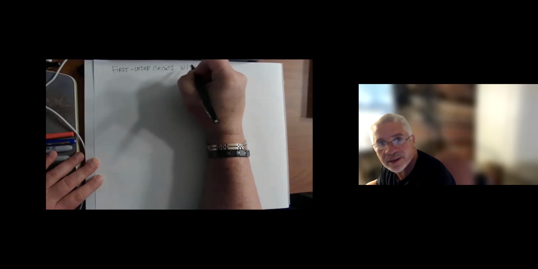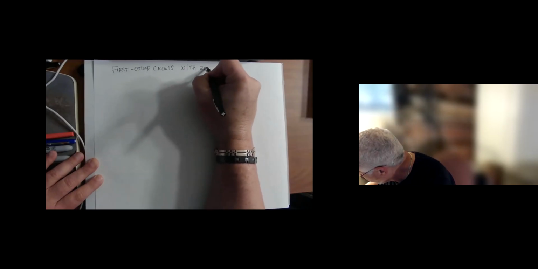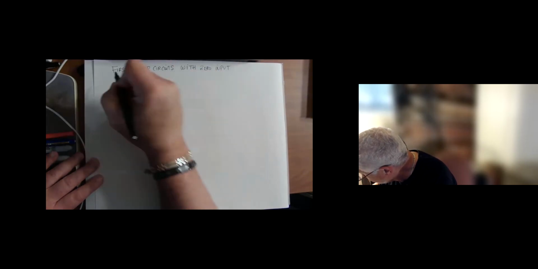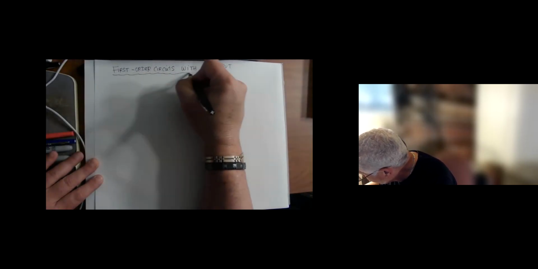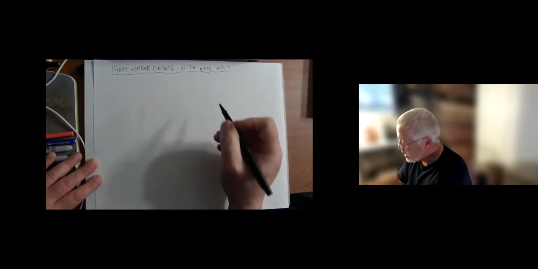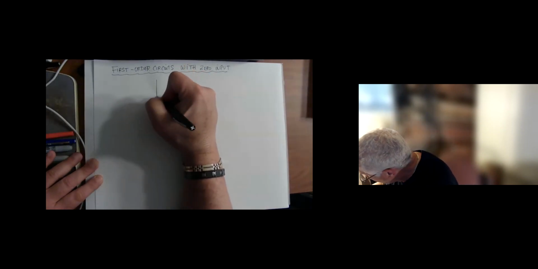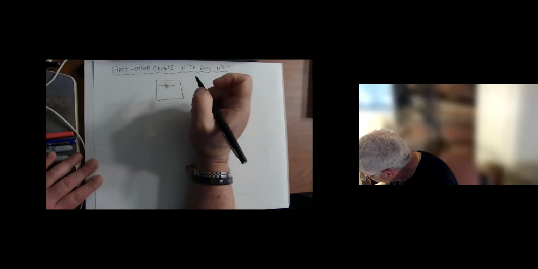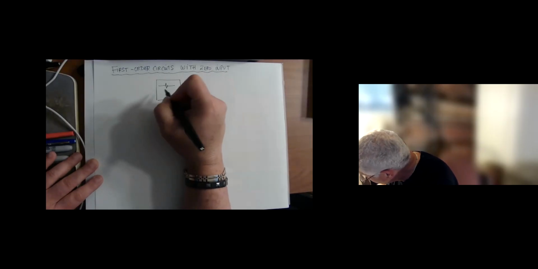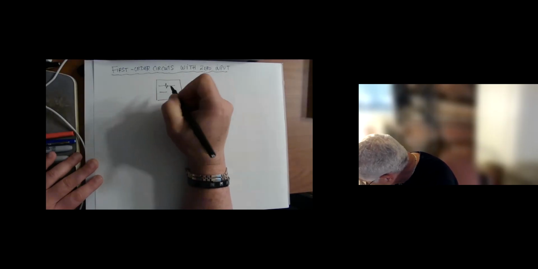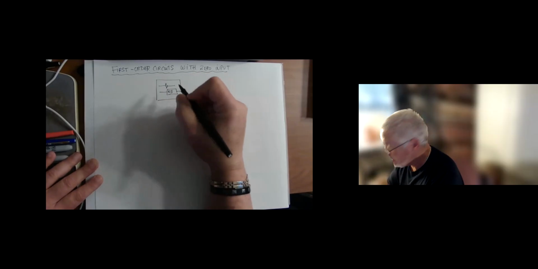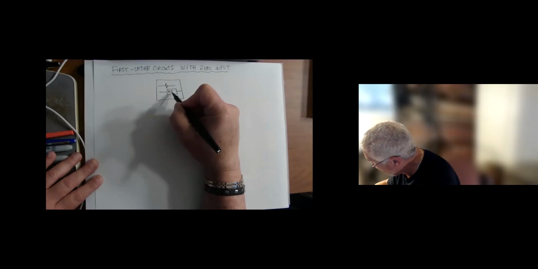First order circuits with 0 input. That's the first case we're going to look at right now. What am I talking about here? I'm talking about some circuit that has resistors and either an inductor or a capacitor. So I'm going to put one energy storage element. That's what that ES means, either an inductor or a capacitor.